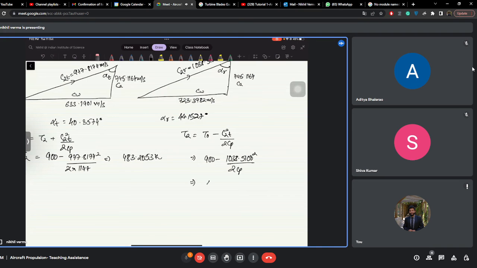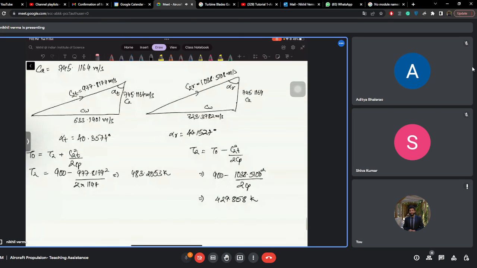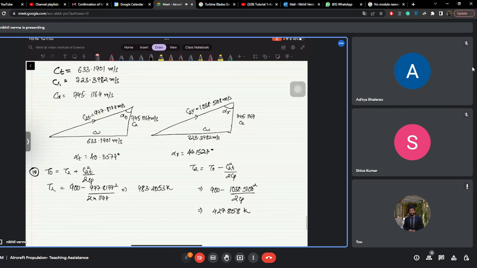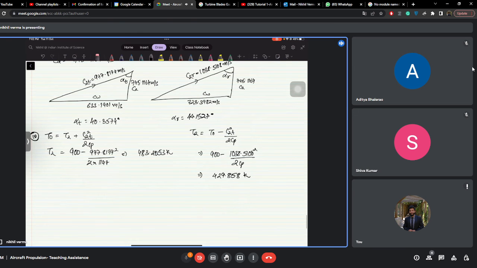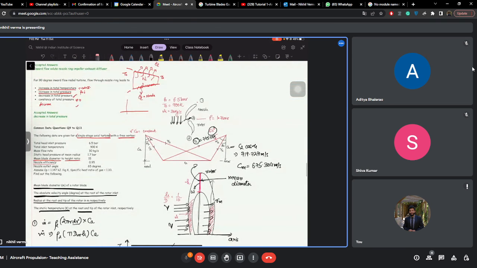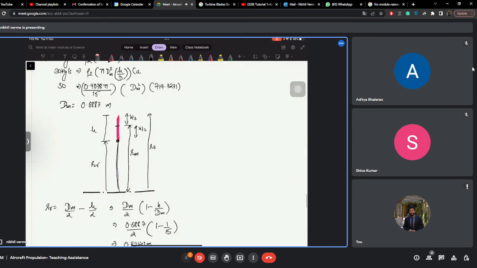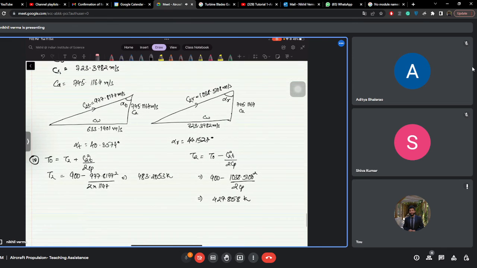So at the tip you have 429.858 Kelvin. Exactly. So this is your temperature profile. This is how you calculate the static temperature at the root of the rotor.